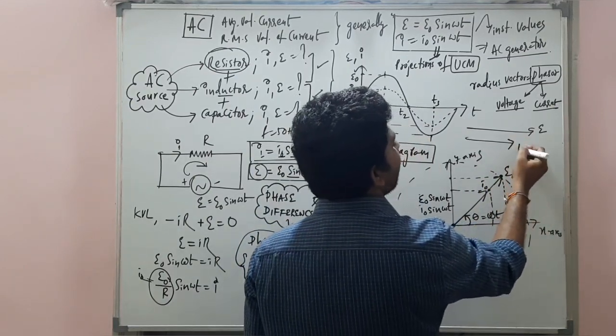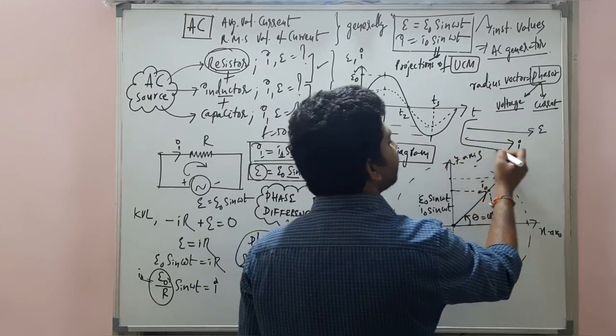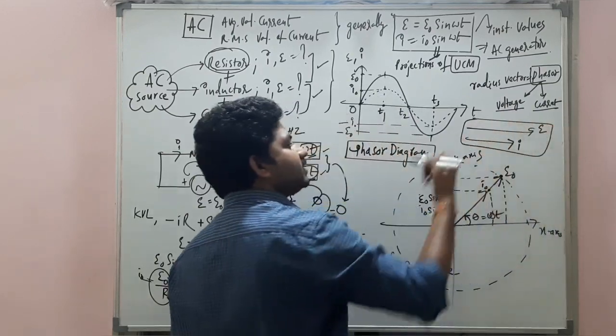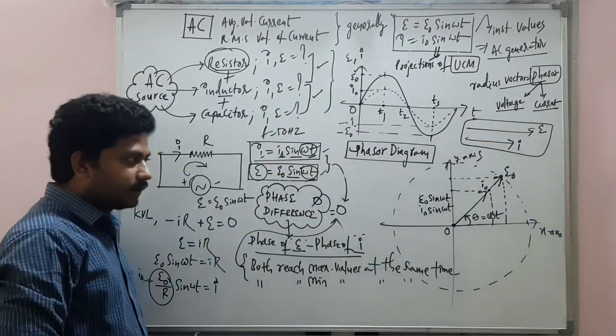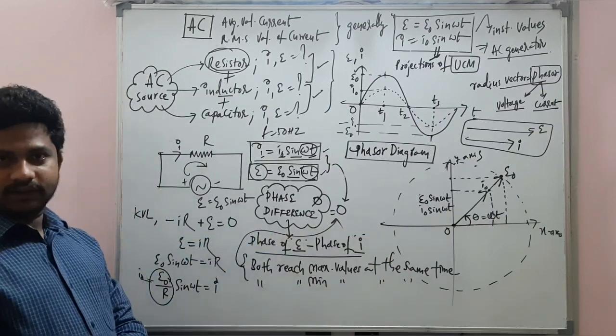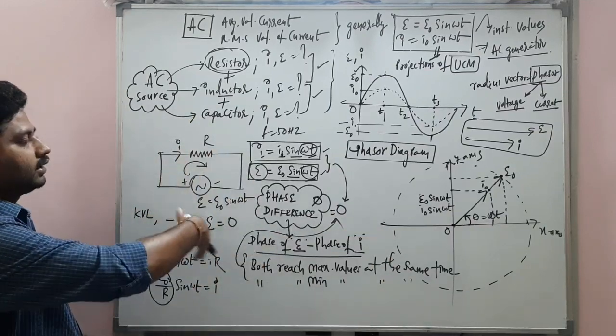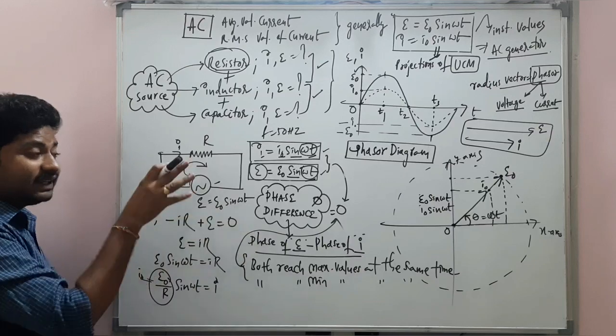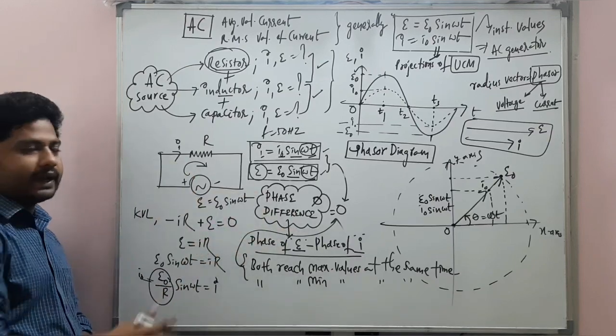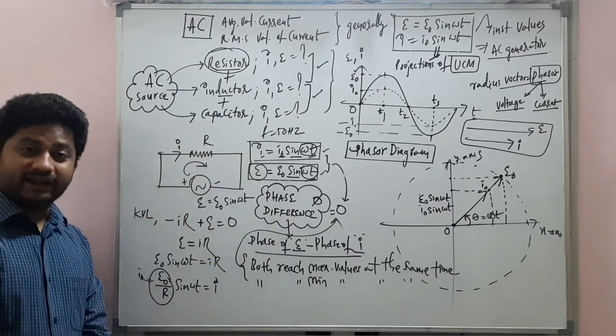So when an AC source is connected to the resistance, the phase difference is 0, and this is the phasor diagram for that.